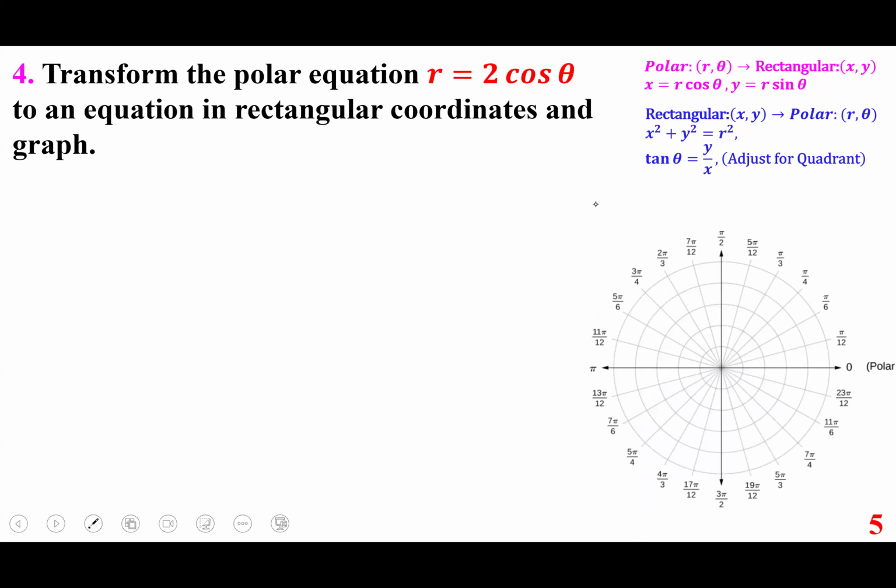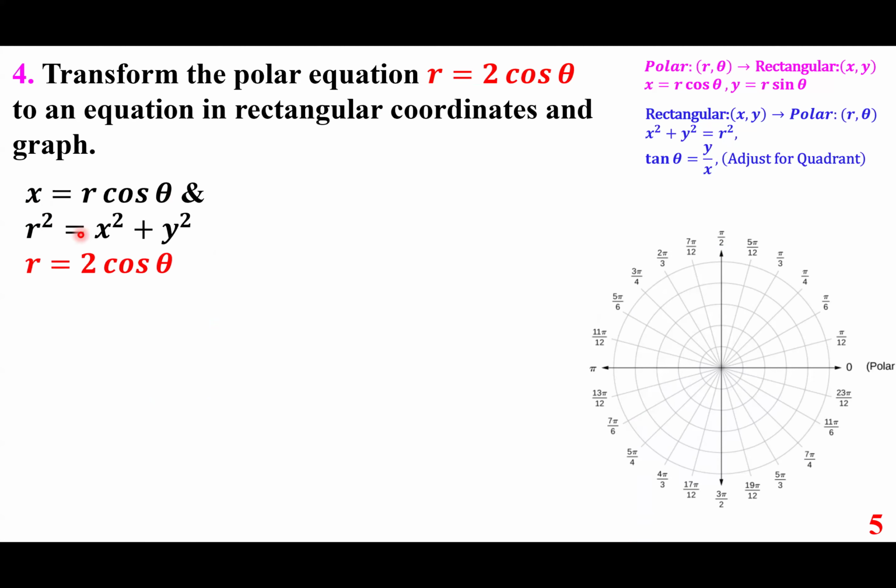Transform the polar equation r equals 2 cosine theta to an equation in rectangular coordinates and graph. I'm going to remind you that x is r cosine theta, r squared is x squared plus y squared. And when r is 2 cosine theta, the trick is to multiply both sides by r. So when I multiply both sides by r, what do I get?